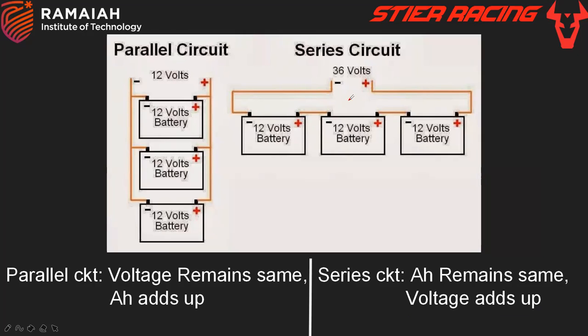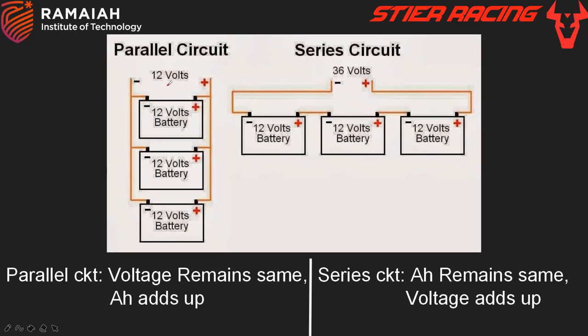If you connect all of the batteries in series, your voltage will add up. If you connect three 12-volt batteries together, your final voltage will be 36 volts. But if you connect them in parallel, your final voltage will be 12 volts only.